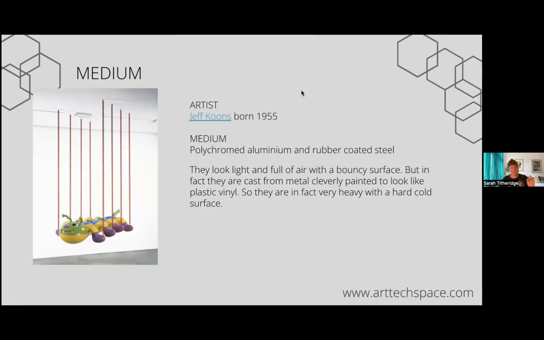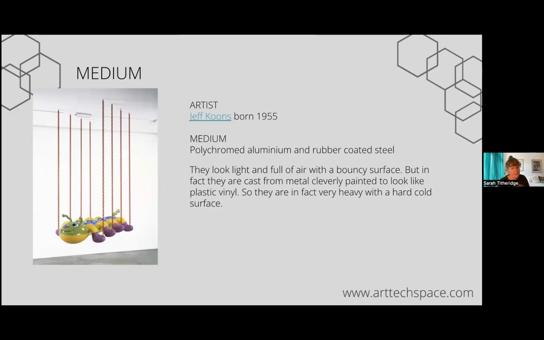Medium. So this is a good example of why medium is important, because when you look at this work by Jeff Koons, it looks really light. It looks like it's just full of air, and you'd assume, if you didn't know it was a Jeff Koons, that it was just a blow-up toy, but in fact, it's cast from metal and then painted to look like plastic vinyl.